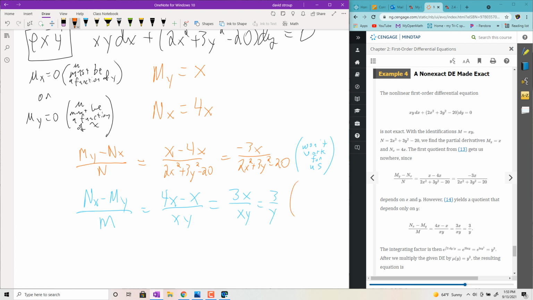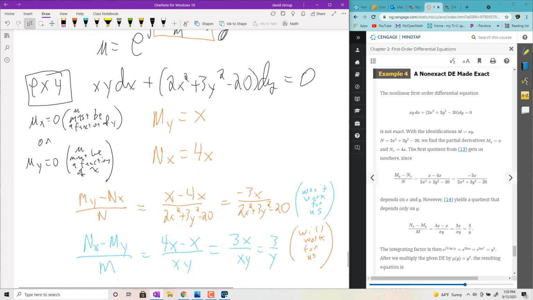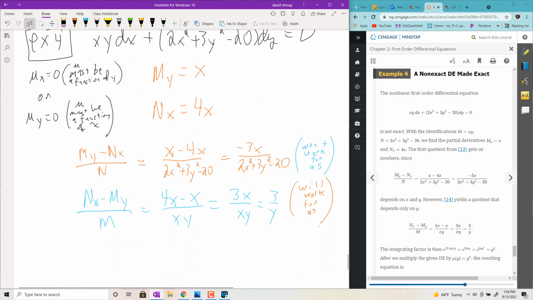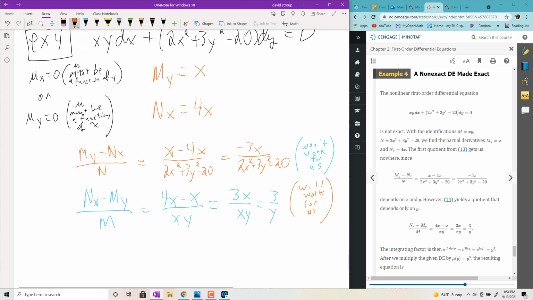This will work for us. This is exactly what we want. Because if you took the partial of this thing with respect to x, it's going to equal 0 because there's no x term in it. So our integrating factor then is going to be e to the integral of that 3 over y.